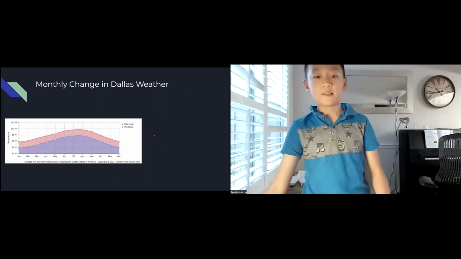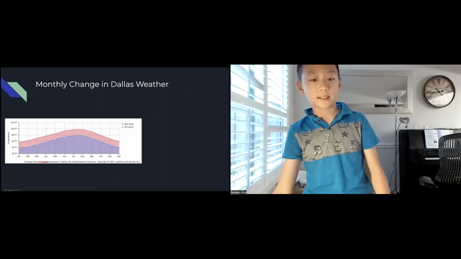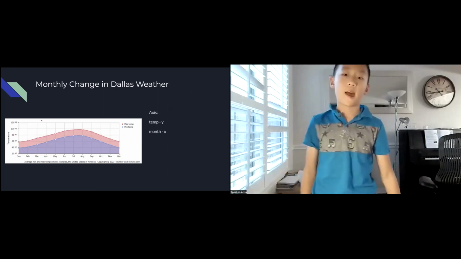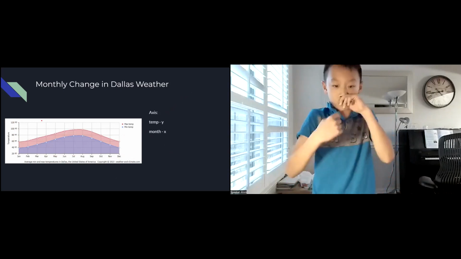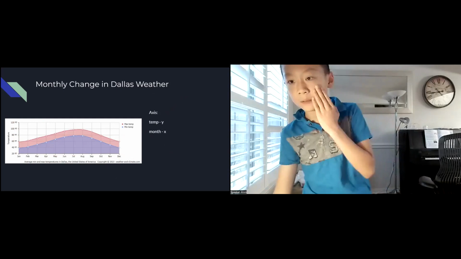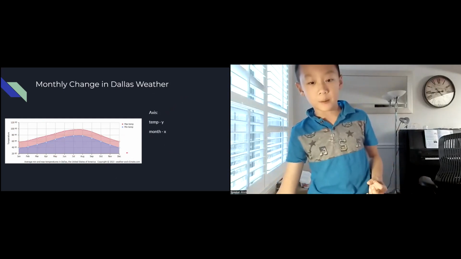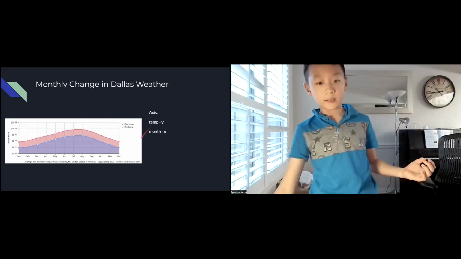And you're correct. And if we know that the months are the x-axis, we know the temperatures are the y-axis. So let's pretend we're trying to find the maximum temperature in December. Well, we know that December is right here, and 60 degrees lines up with December.